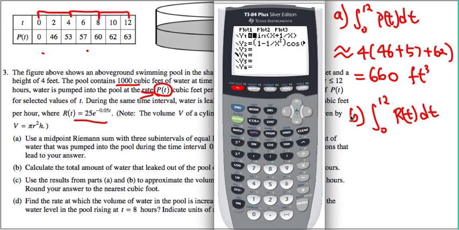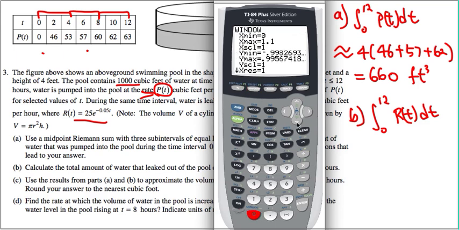Then we're going to go for y equals 25 e to the negative 0.05 t. So in this case, we're just going to put x. Alright, and then we're going to have the window as 0 through 12.